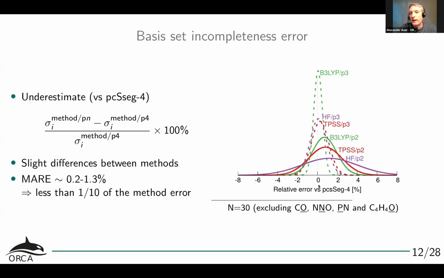Here we see we have errors of a few percent. The basis set error at the pcSseg-3 level, for example, a specific triple zeta basis set for shieldings, gives fairly accurate results. The remaining basis set error is much smaller than the functional error, for example, if you use DFT.